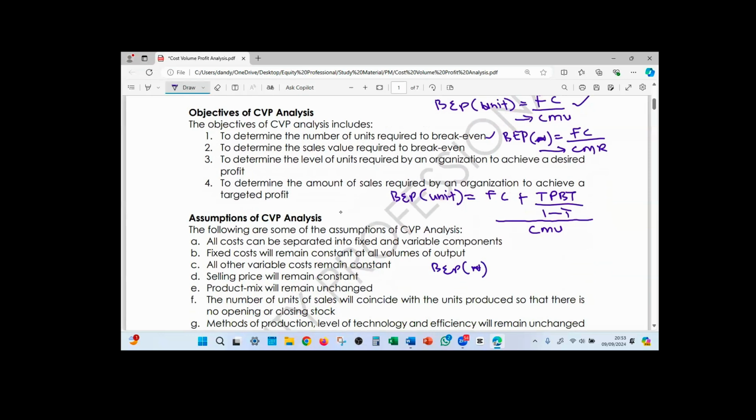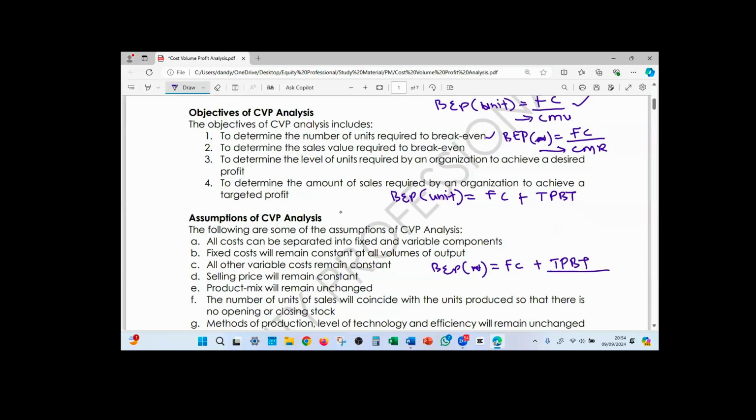The number of sales required to achieve a targeted profit before tax would be equal to fixed cost plus targeted profits before tax divided by... no need for this. I was looking at the position whereby you are given profit after tax, but I've forgotten this is profit before tax. So there is no need for that. Okay, let me rewrite this.